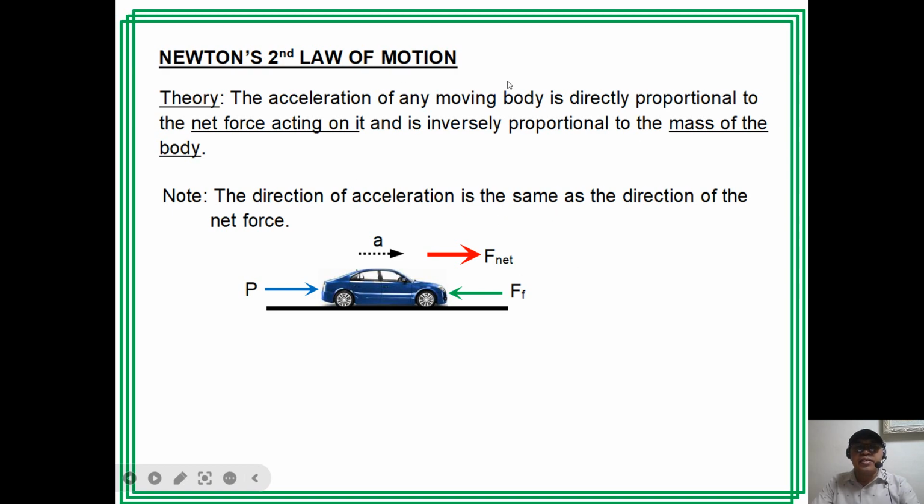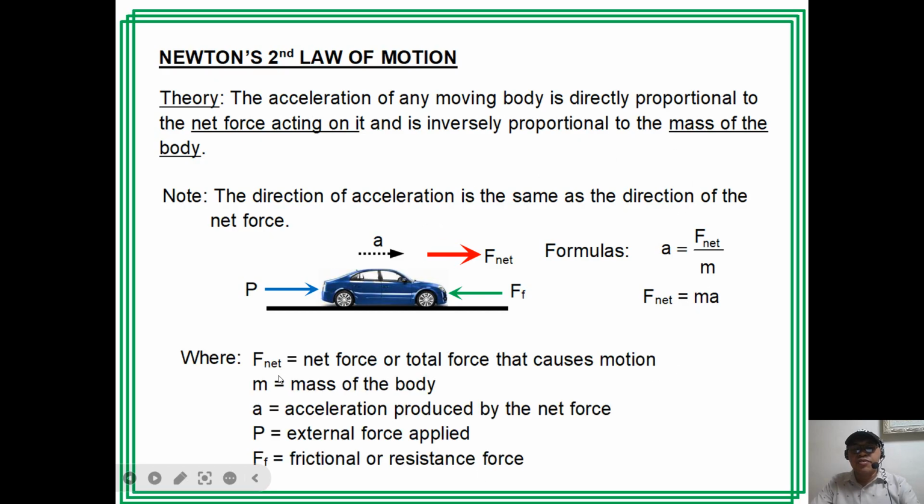So, Newton's second law states that the acceleration A is directly proportional to the net force and inversely proportional to the mass. So, we have here, acceleration is equal to the resultant or the net force over the mass of the body. Or we can write the net force is equal to the mass of the body times the acceleration.